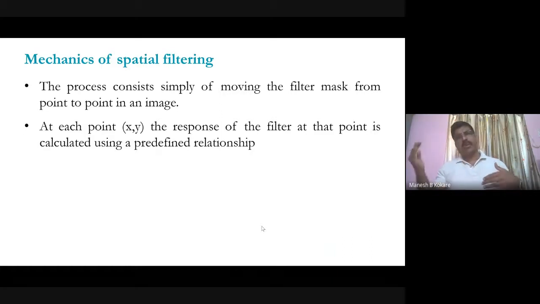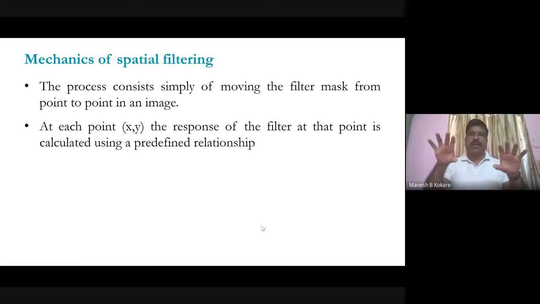In case of frequency domain filtering, you have to take the transform of the image. You have to represent that image in the frequency domain, because your original image is a spatial domain image. You have to take the transform, like a Fourier transform of the image, and once that Fourier transform is obtained, you get the frequency domain representation, and then after that you have to apply the filters.